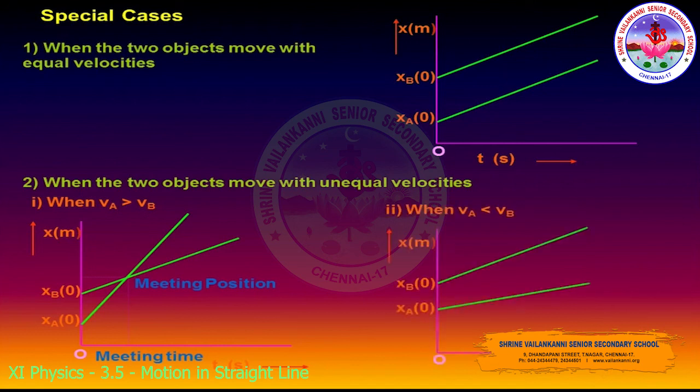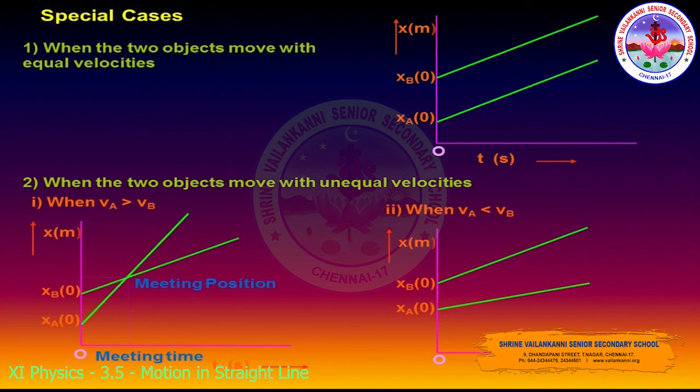Suppose VA is less than VB. Then the relative velocity, V2 minus V1, is positive. The relative separation X2 of t minus X1 of t increases by the amount V2 minus V1 every second.